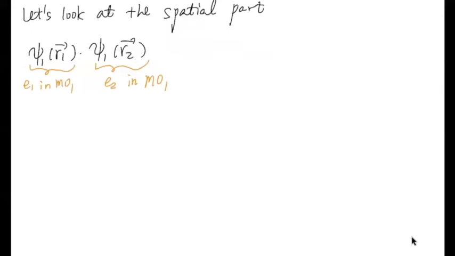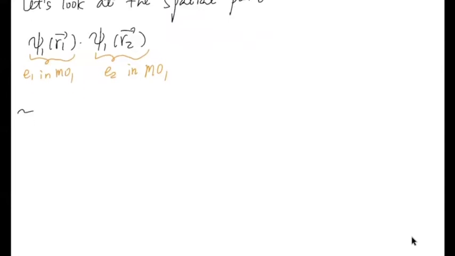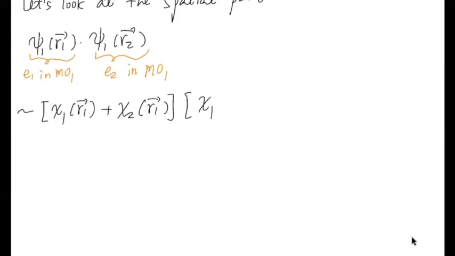So this is proportional to what? What is psi 1 in terms of the atomic orbital basis? This is chi1 R1 plus chi2 R1, times chi1 R2 plus chi2 R2, right?